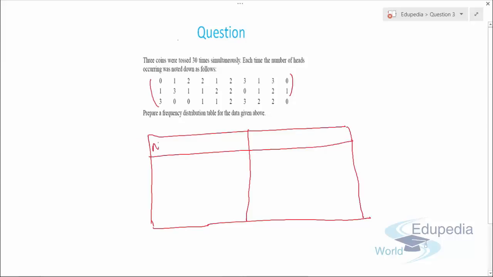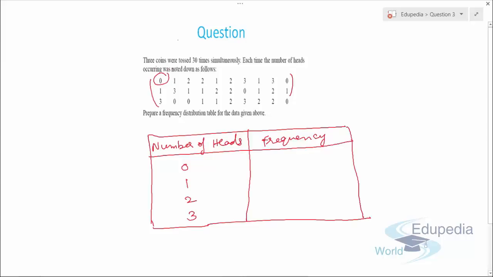So we can say number of heads and frequency, right? Now we need to count. We have 0, 1, 2, 3. So we need to write 0, 1, 2 and 3. We need to count how many zeros.